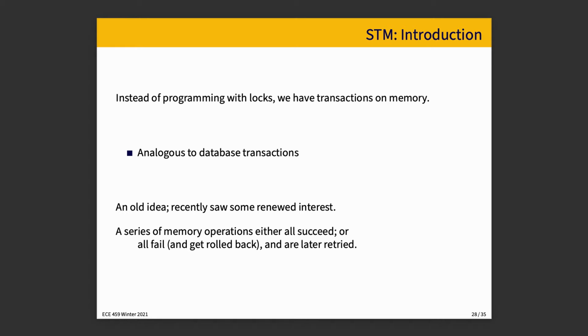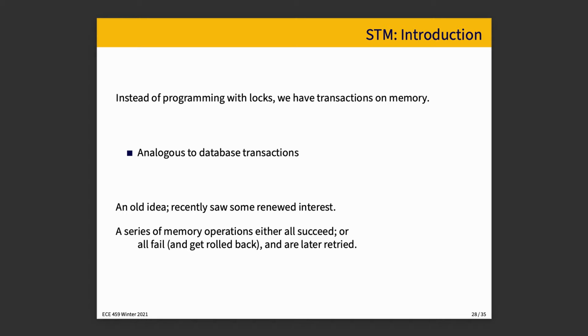Software transactional memory says instead of just applying that to database tables and rows, we could do the same with memory in our software. This is not a particularly new idea, but it has recently seen some renewed interest. The basic idea is no different than database transactions.